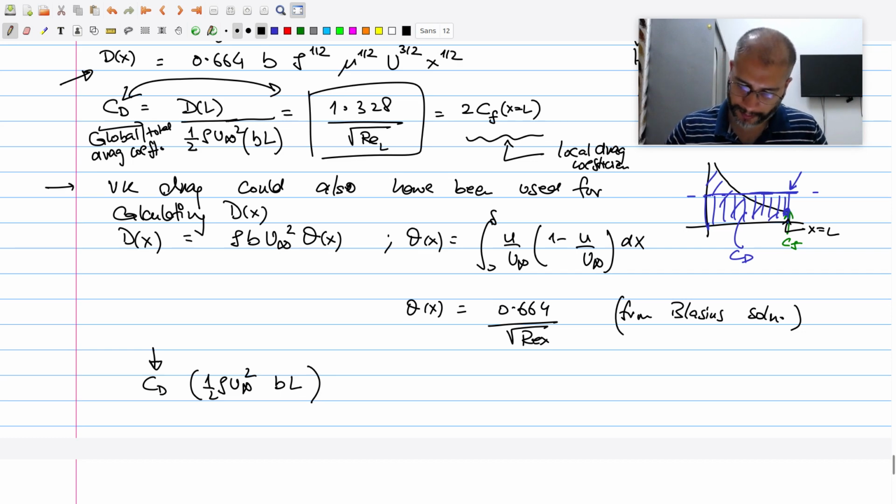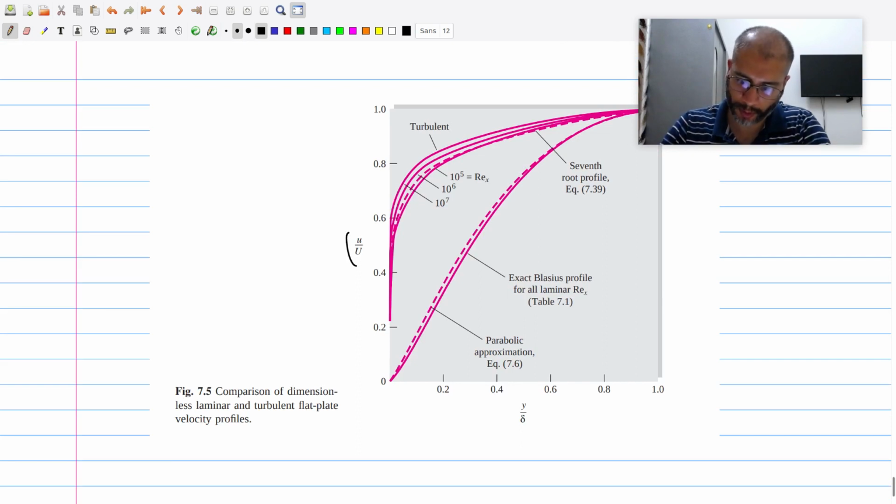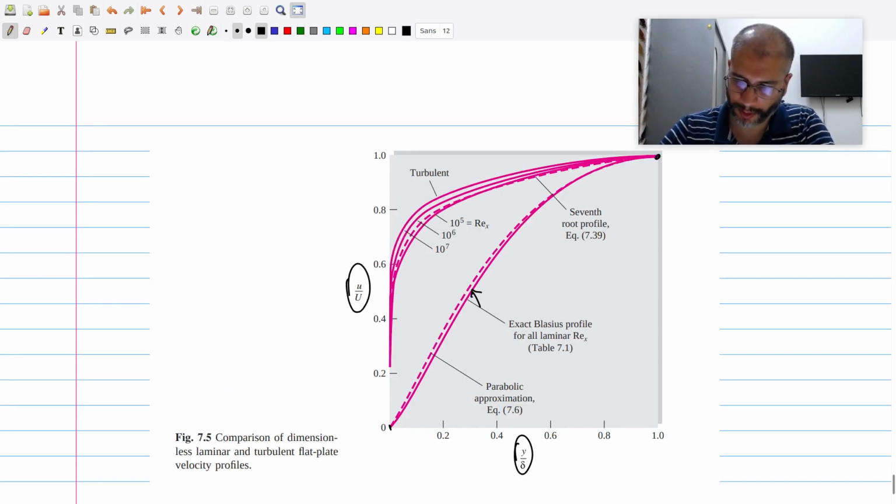Right, so let's look at the u by U, which is your x velocity, versus y by delta, which is the ratio of y to the boundary layer thickness. So here we see the solid line is for the Blasius profile. Okay, so we see that at y equal to 0, your u is 0, and at y equal to delta, which is y by delta equal to 1, you get a u by capital U as almost equal to 1, that is actually 0.99 value here.